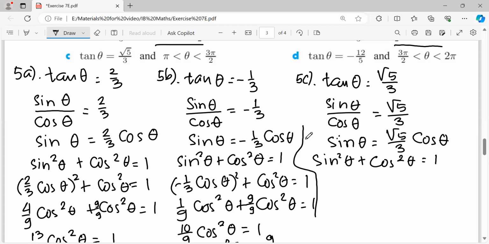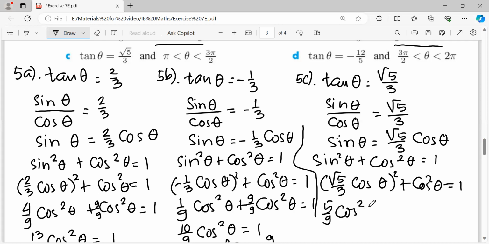So 5/9 cosine squared theta plus cosine squared theta equals 1.